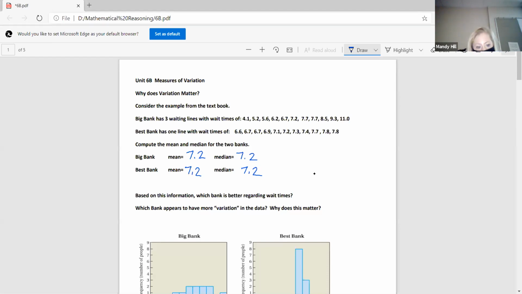So I'm just going to say, so probably, why? What would be the reasoning? Why would we have more unhappy customers at Big Bank? Let's look at Big Bank's wait times than Best Bank.